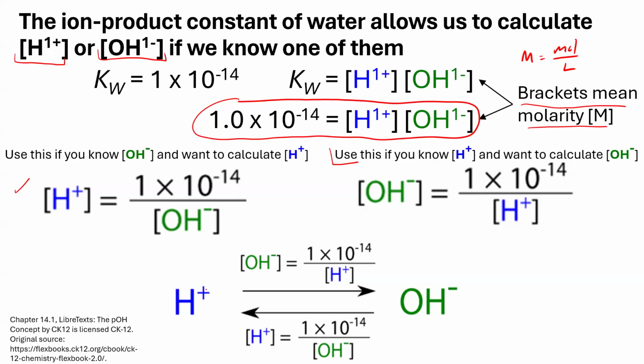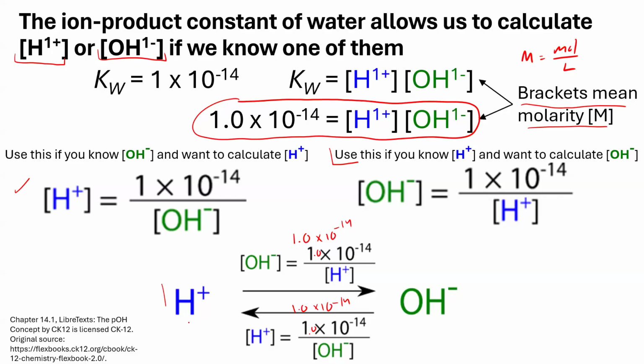All right, and we actually know this number. Instead of 1, it should be 1.0 times 10 to the negative 14th. So that's what we'll be using. But this little table only shows 1, so just make sure you have a second significant digit on there. But we can go back and forth.